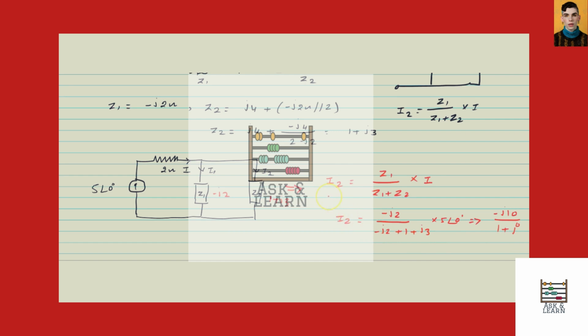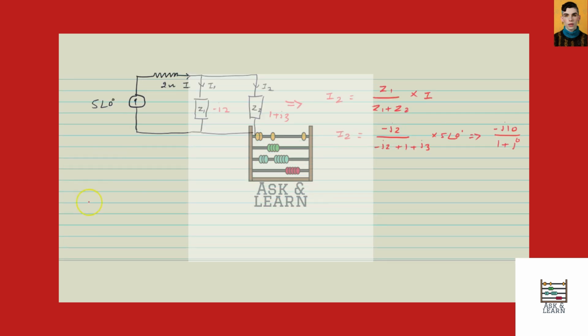Now again rearranging the circuit, if we extend the value of Z2, we have the inductor, here the capacitor, and the resistor 2 ohm.